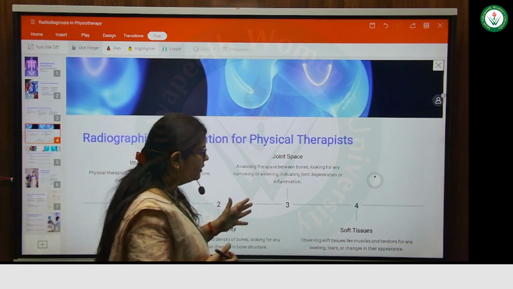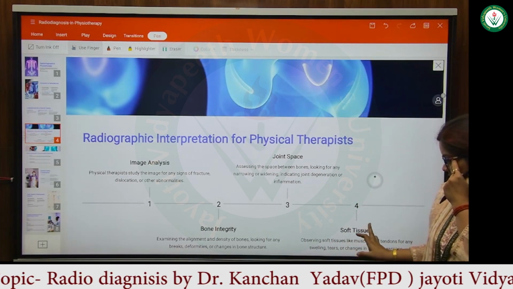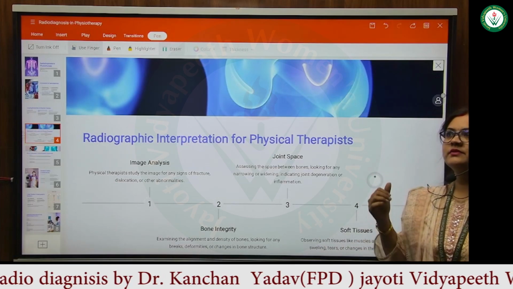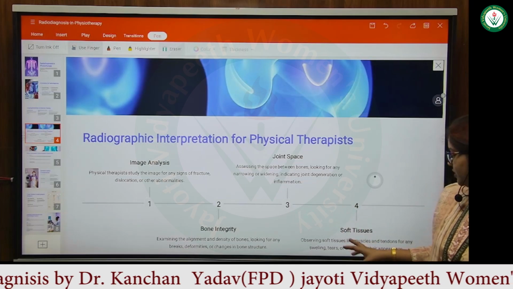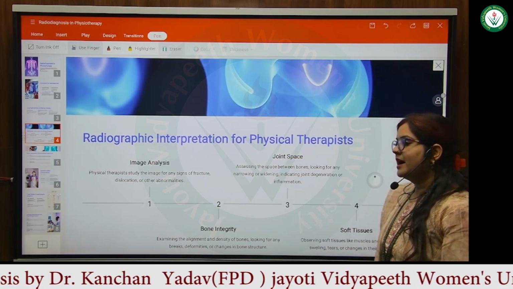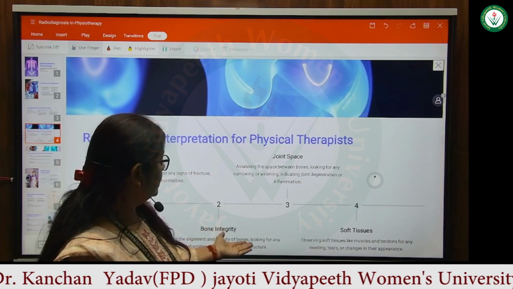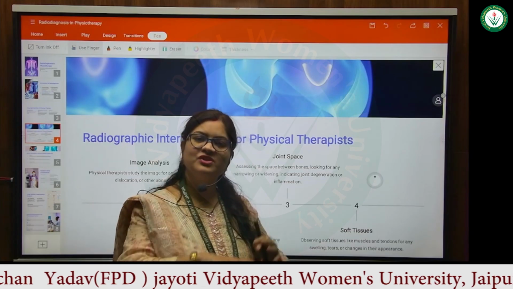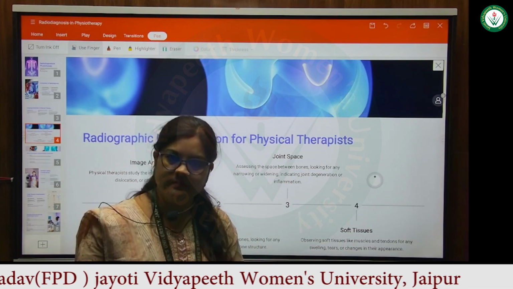So with this roadmap, we come to the last component, the soft tissues. At the last, we can also observe soft tissues like muscle and tendon, and through the visualization of those soft tissues we sometimes find swelling, tears, or changes or variations in the appearance of that particular structure.